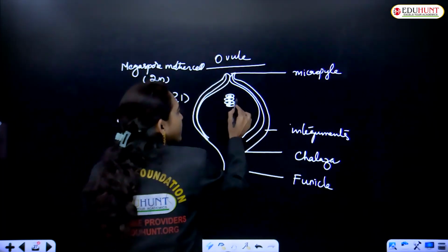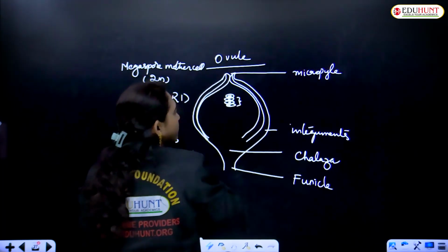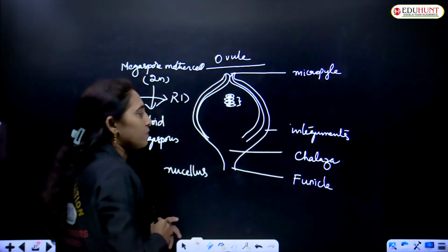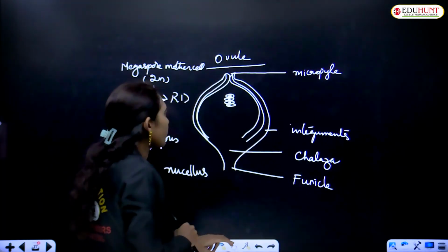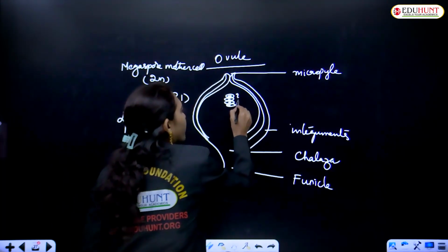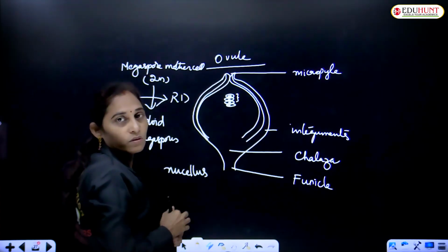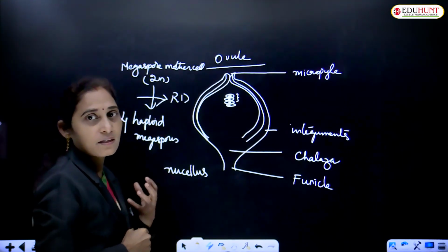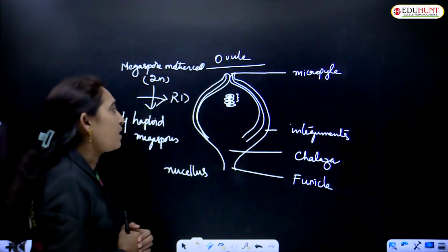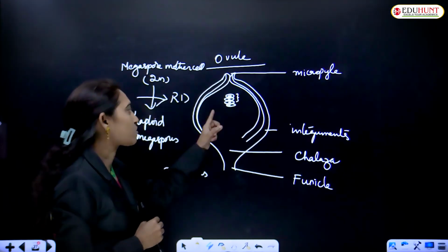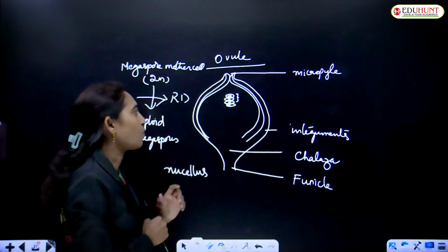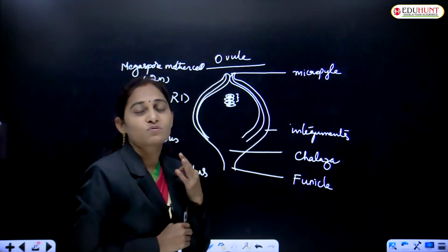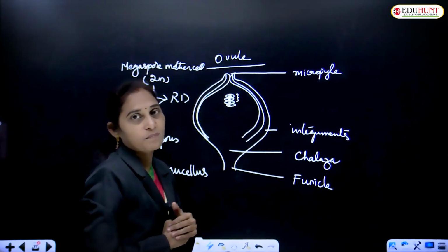Out of the 4, the uppermost 3 will undergo degeneration, and only the one that is functional remains. The nucleus of this functional megaspore undergoes divisions thrice.